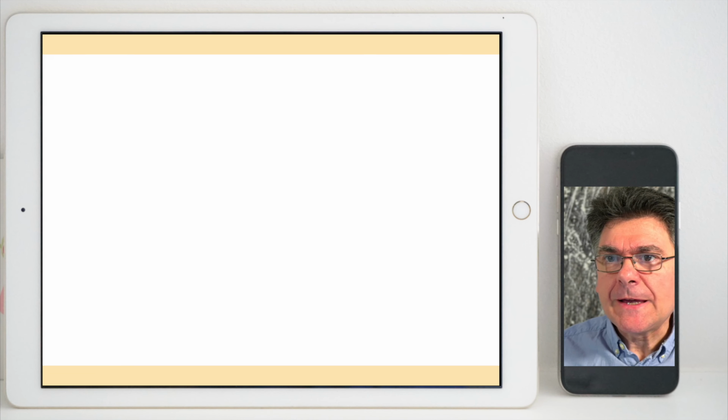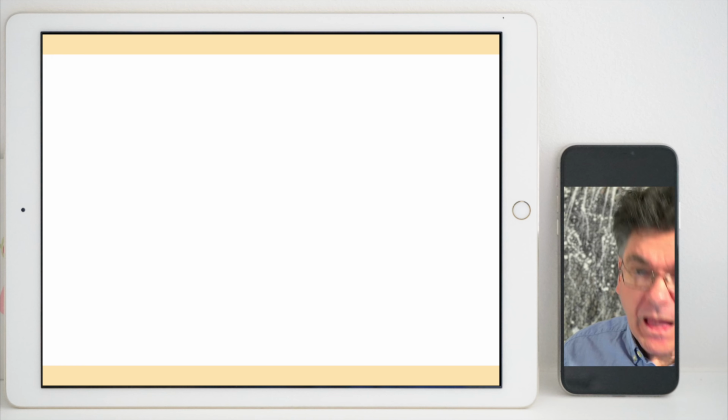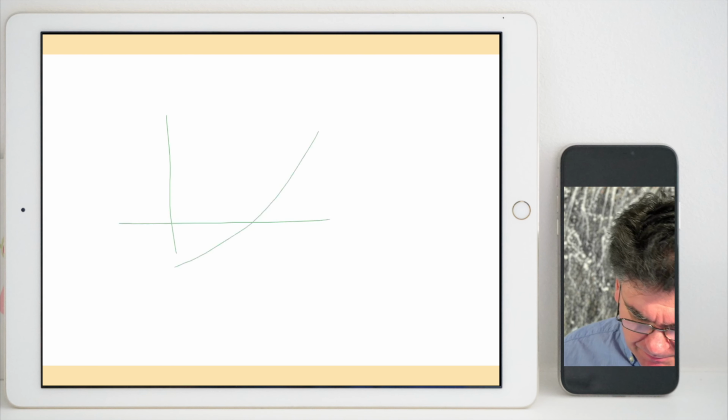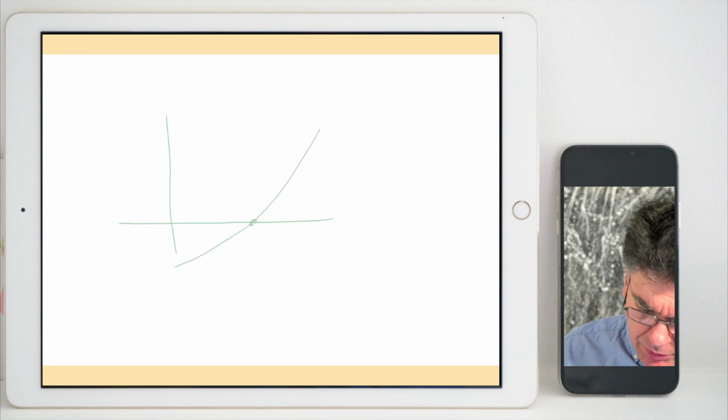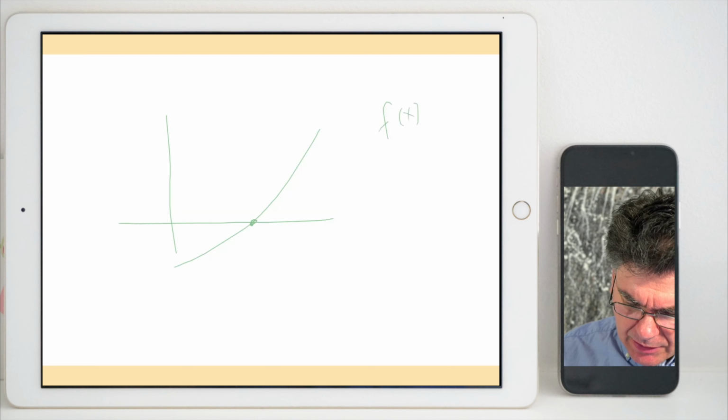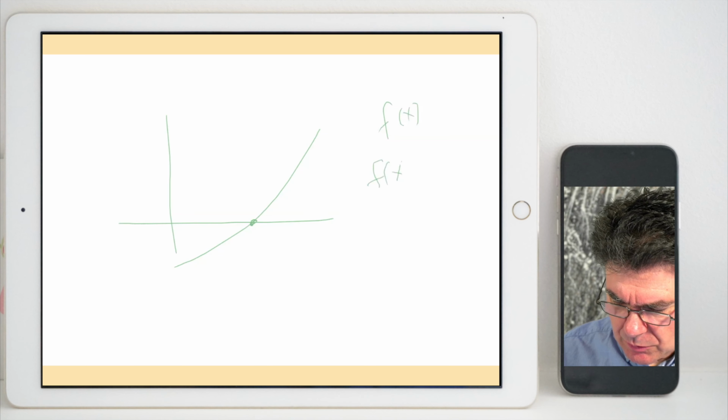Let me talk about a different problem. How do you find the... You have a function like this, and you have to find that point. This is function f of x. And the question is, how do you find f of x equals 0?